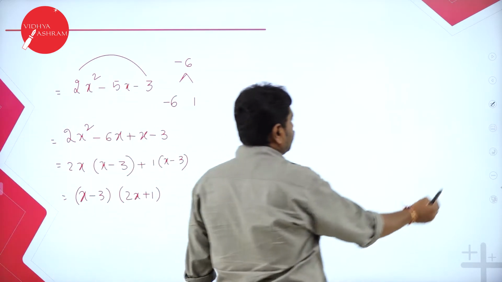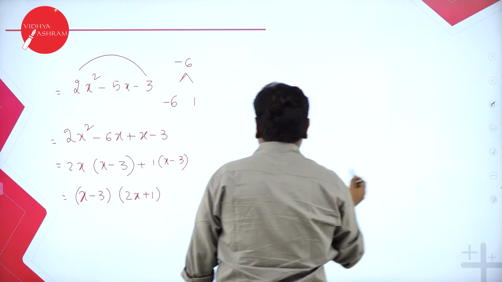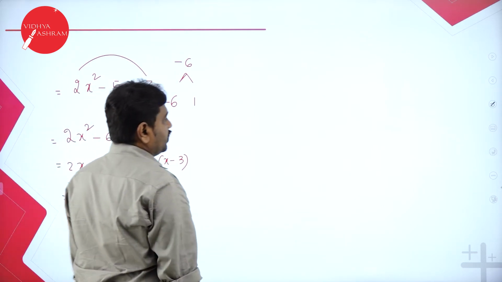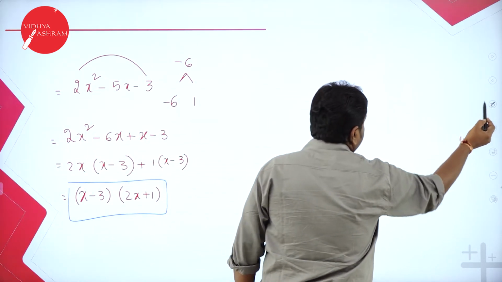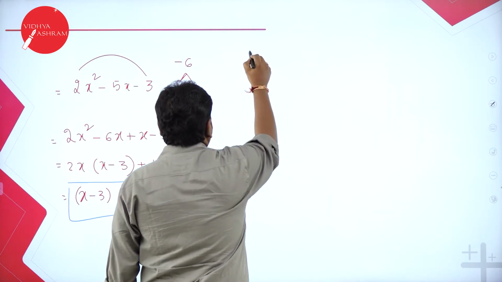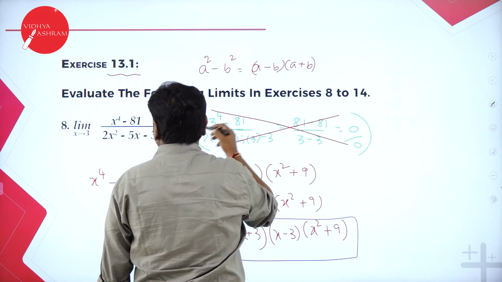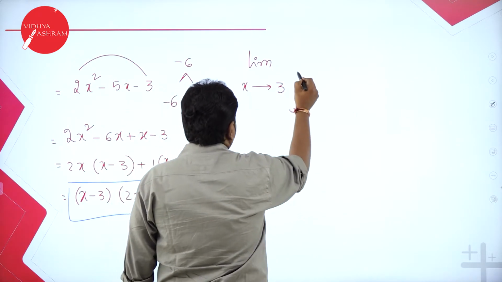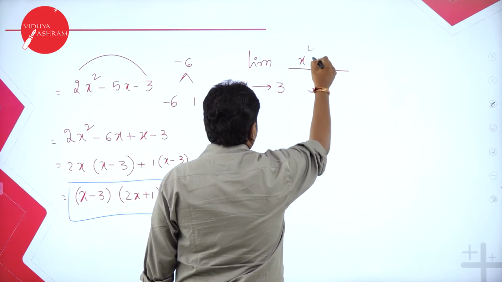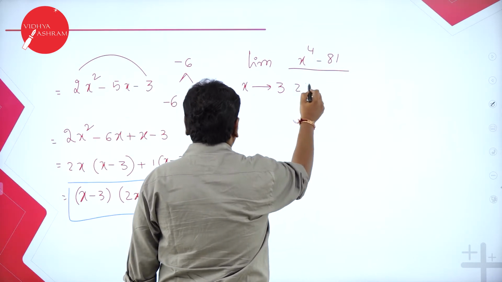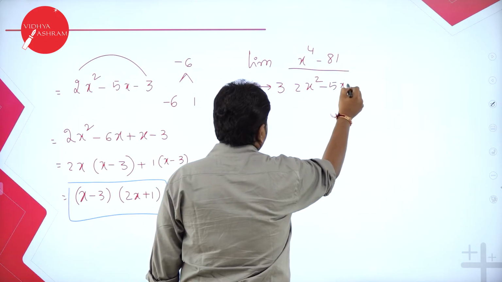So now we'll go back to the problem. We'll substitute to get the answer. Till now we have not applied the limit. We'll simplify the problem and then we'll apply the limit. Limit x tends to 3, numerator was x power 4 minus 81 and denominator was 2x square minus 5x minus 3. This is the given problem.